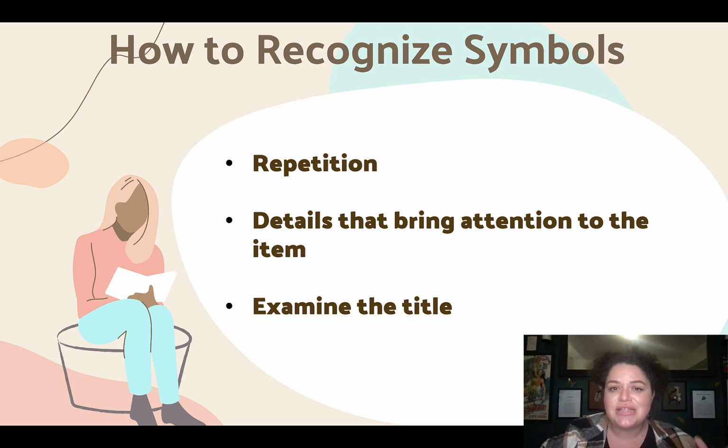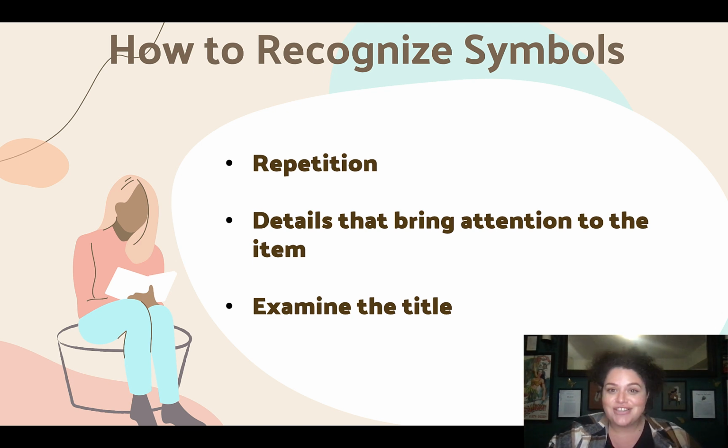Lastly, examine the title of a story. This is something that people often neglect. We read the title of a story and then we move on from it. But if there is an object mentioned in the title, that's probably a symbol. This semester we will read The Yellow Wallpaper together. The wallpaper is in the name of the title, right?